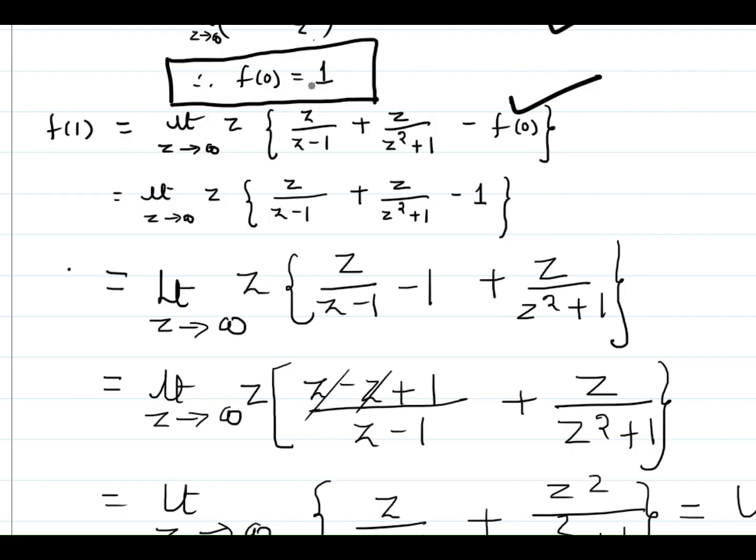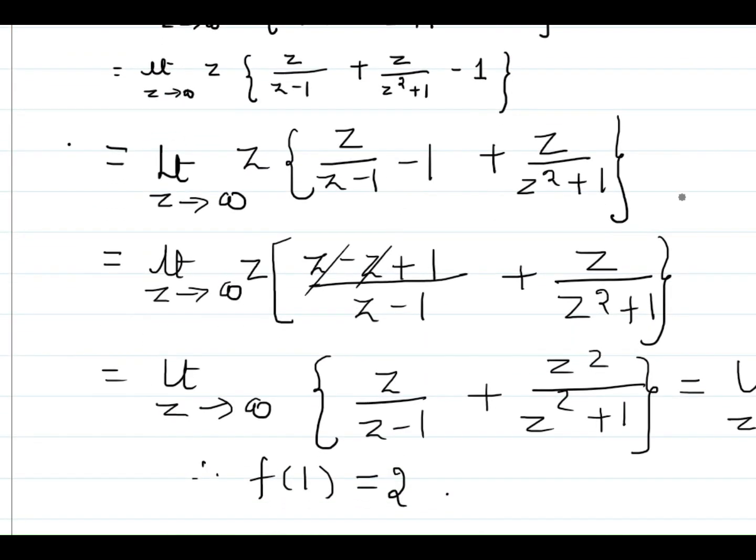And f(0) is coming as 1, so put 1 here, and limit z tends to infinity z upon z minus 1 plus z upon z square plus 1 as it is. Again solve the same for the limit z tends to infinity. So for this we can write z upon z minus 1 minus 1 together, and this z upon z square plus 1 here, just taking the LCM now.